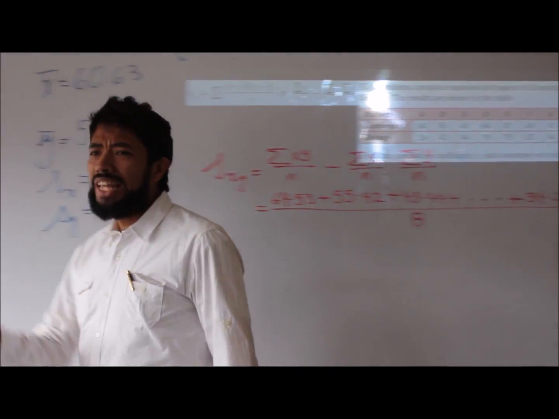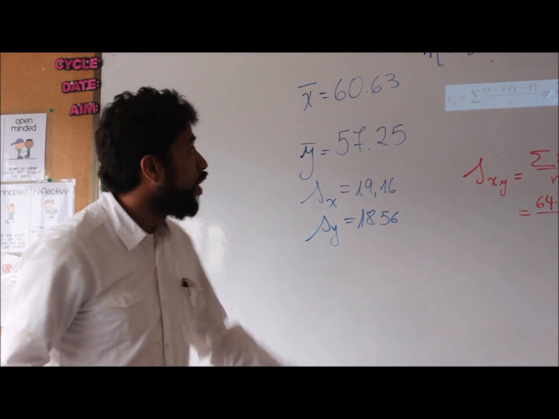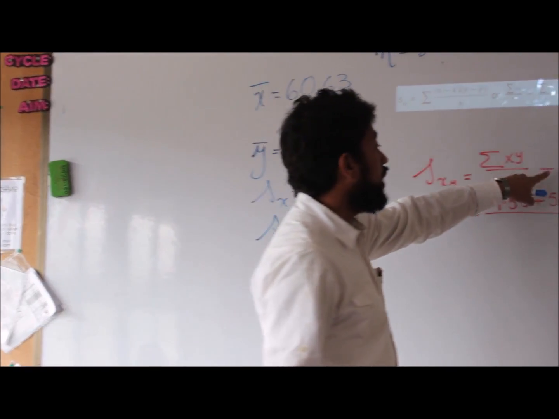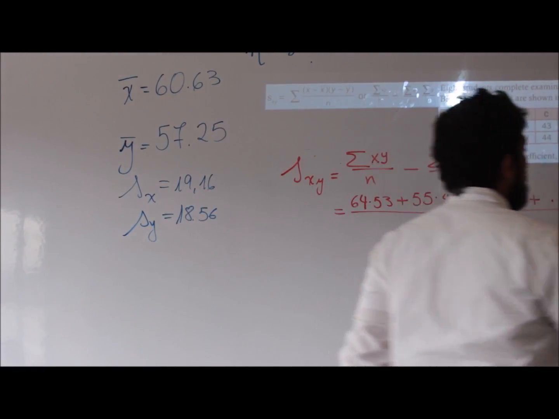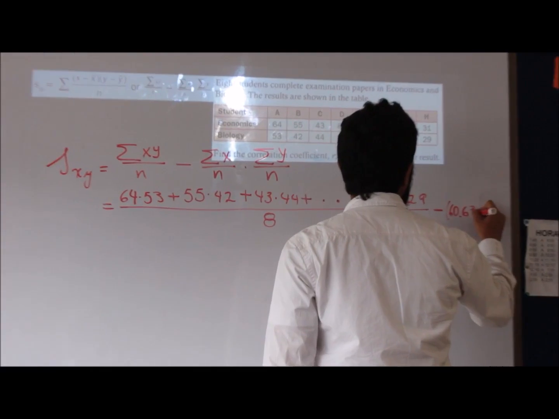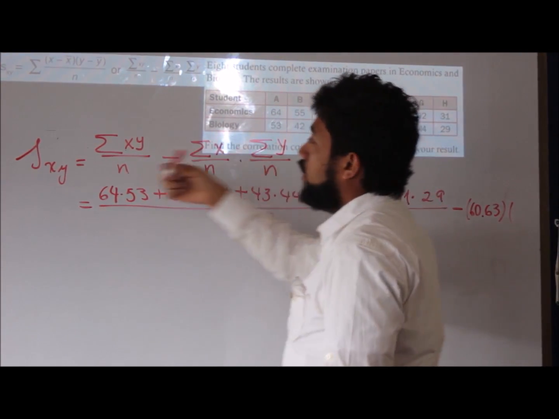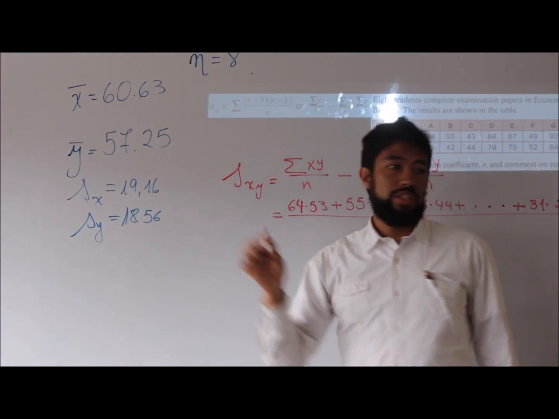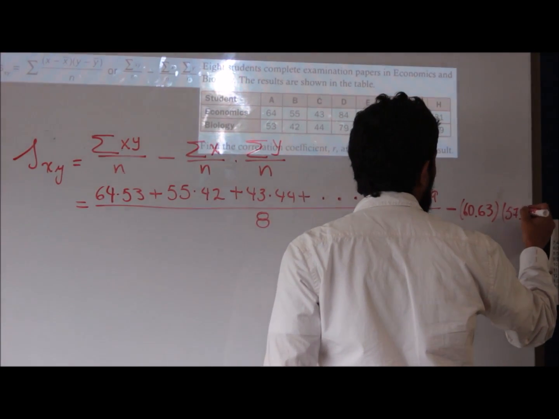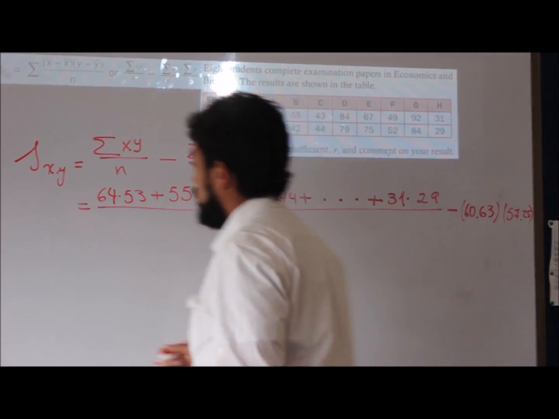Do I have to write the whole sum again? No. I have the answers here. So, what is the sum of X divided by N? 60.63. And what is the sum of Y divided by N? 57.25.